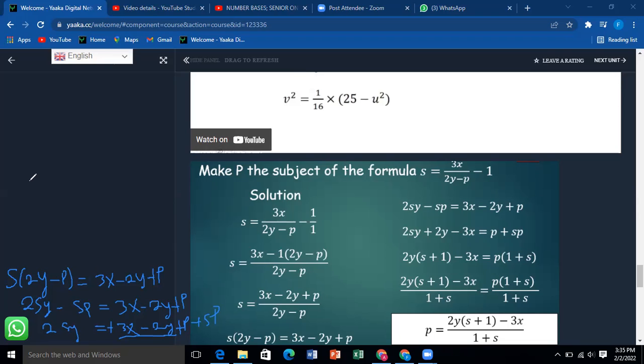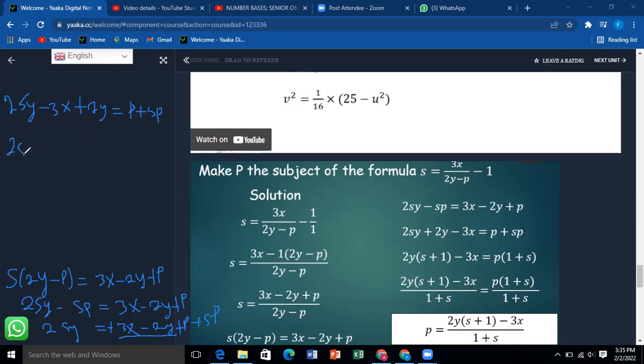So that means we shall have 2sy minus 3x plus 2y, and that will be equal to p plus sp. So I think there we are good to go.